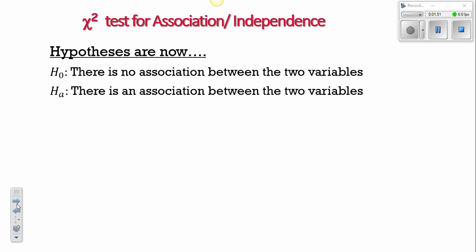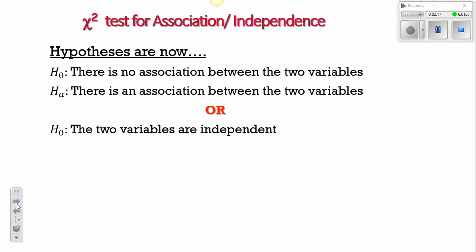For the first one, if you wanted to put these in terms of association, the null hypothesis would be there is not an association, versus the alternative that there is an association. So they're not related versus they are related. Now, if something has no association, that means that those variables are going to be independent.